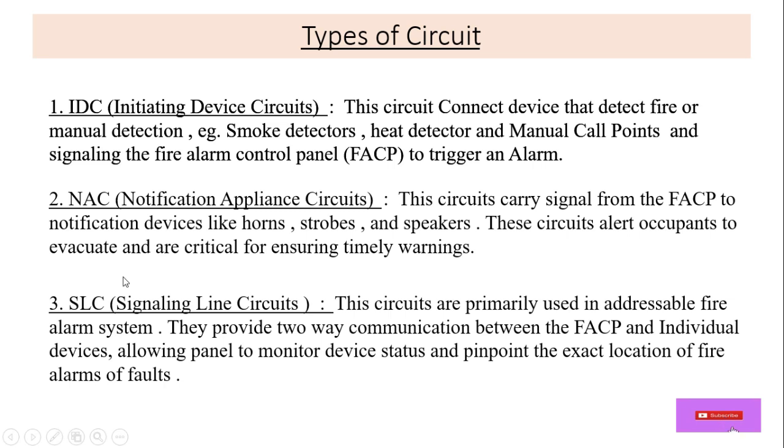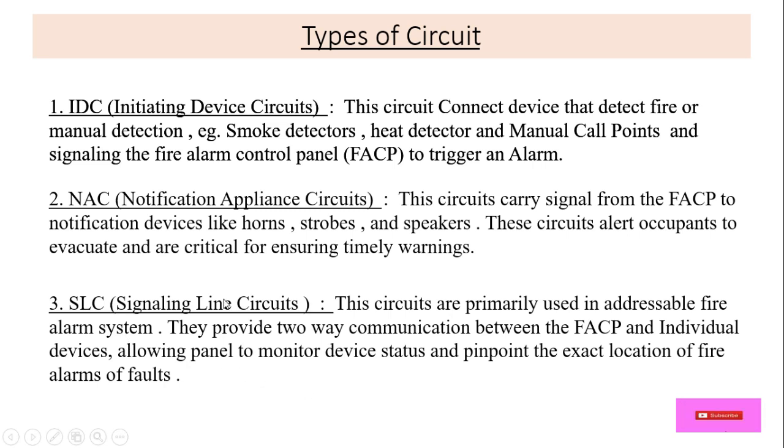The first two circuits are integrated in the conventional fire alarm system, and this circuit is implemented in the addressable system, where it can communicate both ways. If the loop breaks in the middle, it can still communicate from both sides.